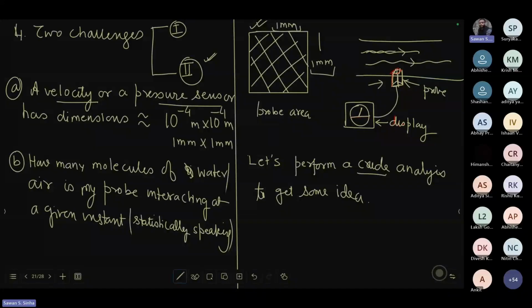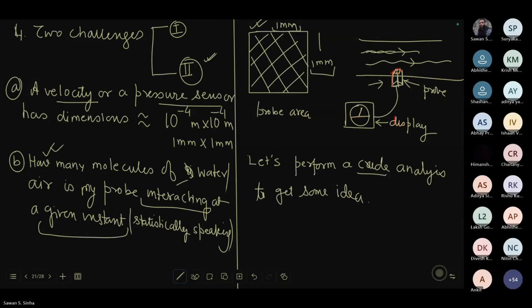So I pose this question: how many molecules of water or air is my probe interacting with at a given instant? Statistically speaking, on an average, like you do 5 measurements or 10 measurements, on an average, you tell me that during one measurement, how many molecules did my probe interact with?